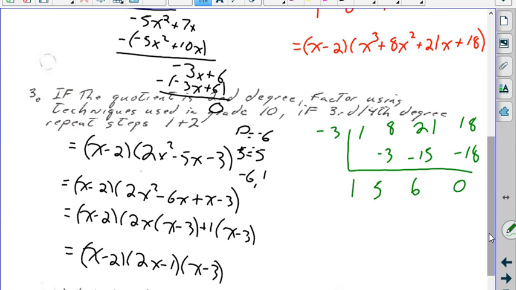So now we have our factors: x minus 2, x plus 3, x squared plus 5x plus 6. Why did 2 not work?